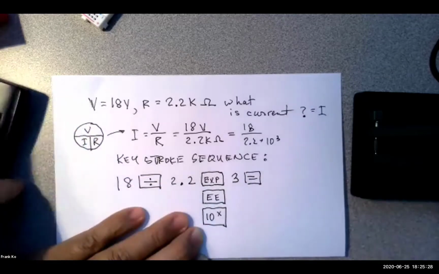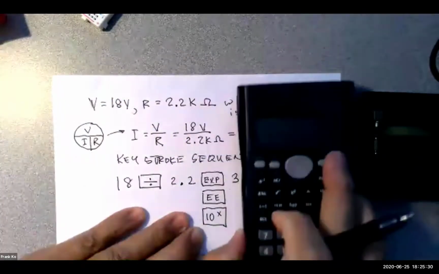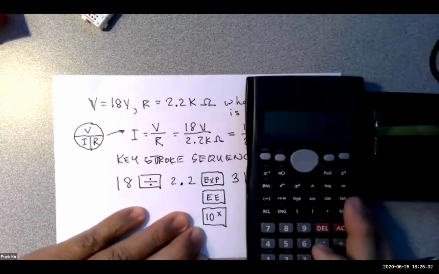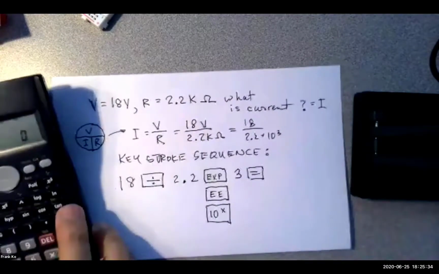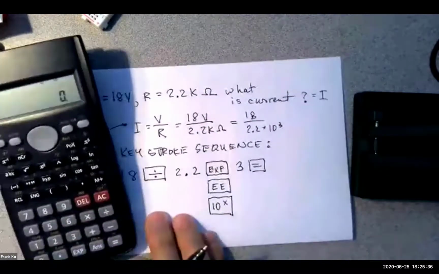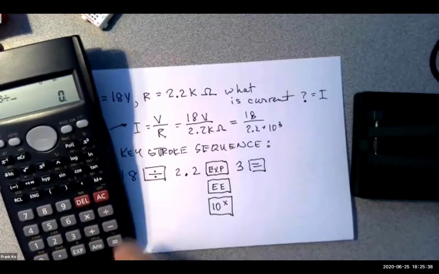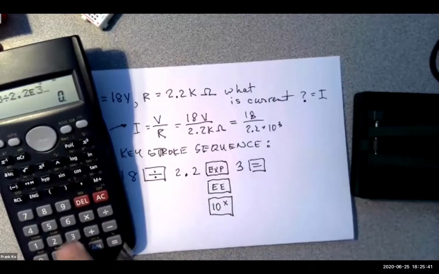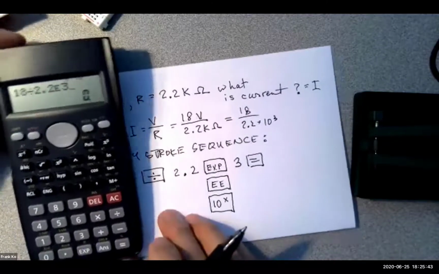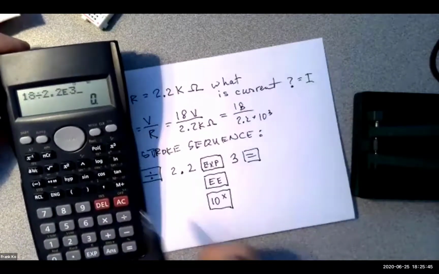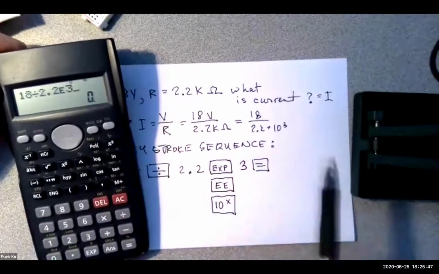And when you do so, I'll go ahead and do it with this calculator. Let's see what we have. 18 divided by 2.2 exponent 3. And you want to make sure you see this on the display of your calculator, whichever make you're using.